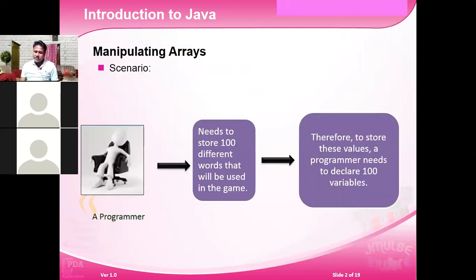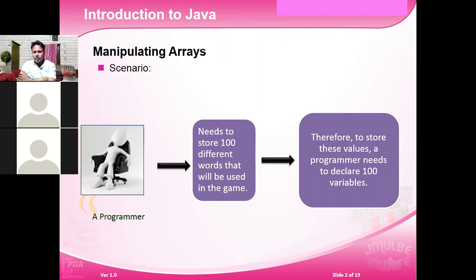So consider a scenario. A programmer needs to store 100 different words that will be used in the game. So therefore, to store this value, a programmer needs to declare 100 variables.